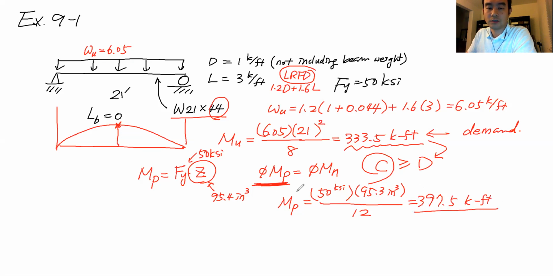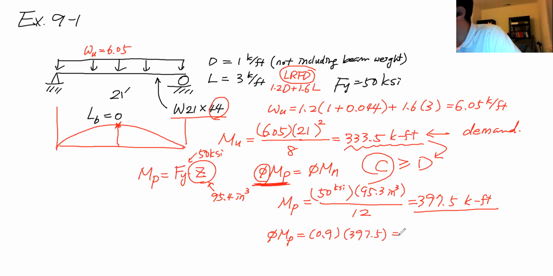Is this all? No, because this is the entire Mp, and we have to have a factored Mp. We have to multiply by the phi factor, which is 0.9. So phi Mp is going to be 0.9 times 397.5.